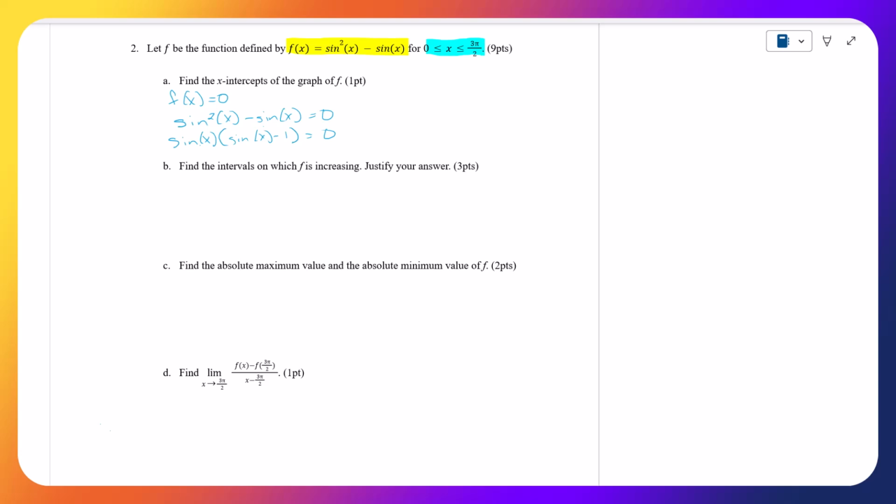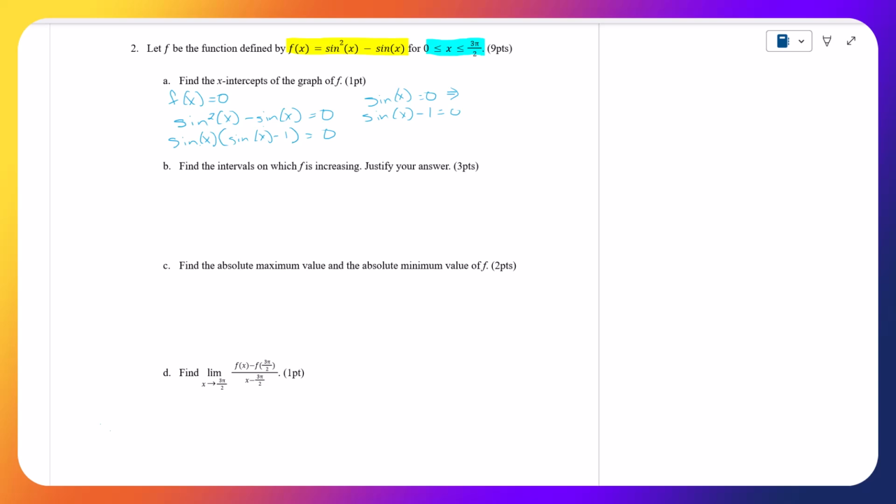So sine of x equals 0 and sine of x minus 1 equals 0. And we're only looking at the interval 0 to 3 pi over 2, so I don't want to go the whole unit circle, I want to go 75% of it.